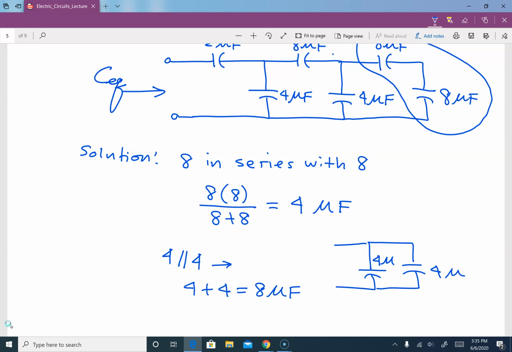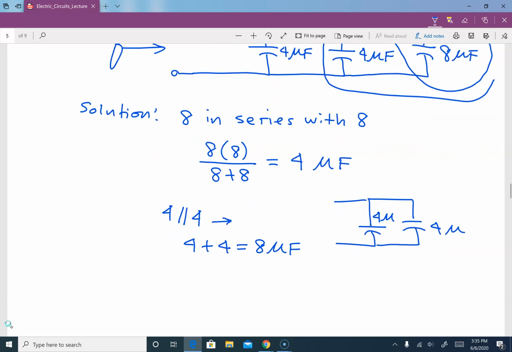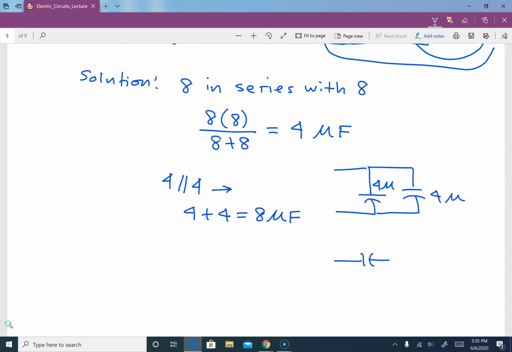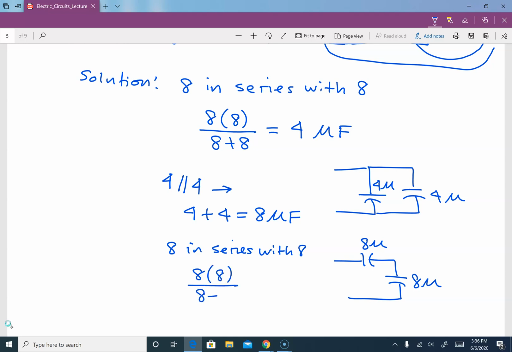So now we are done with the whole thing over here. So then we will have 8 micro and 8 micro. They are in series. So 8 in series with 8, and in this case 8 times 8 over 8 plus 8, that is equal to 4 microfarad.